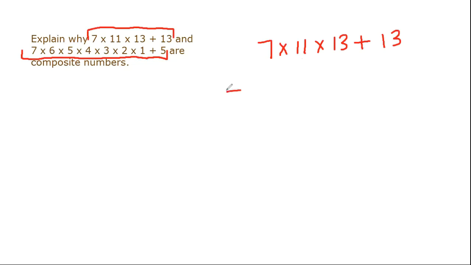So first, I am taking the 13 common outside: 7 into 11 into 1 plus 1, with 13 outside.